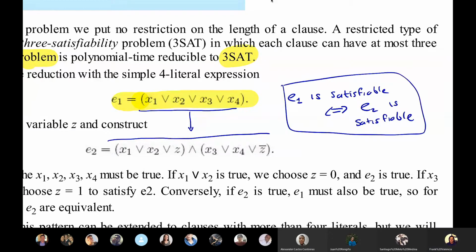So first question, if E1 is satisfiable, then E2 is also satisfiable.